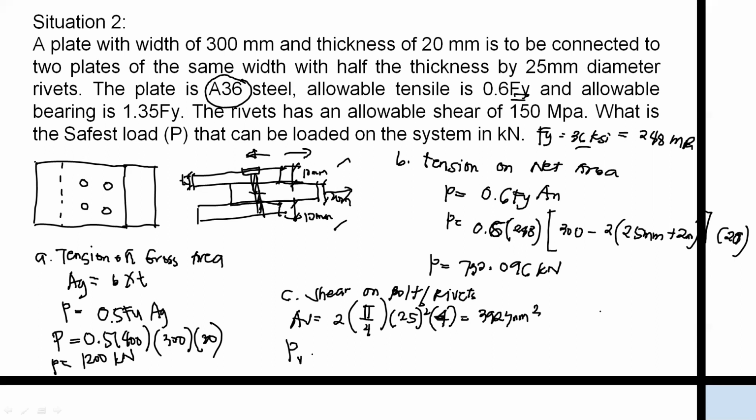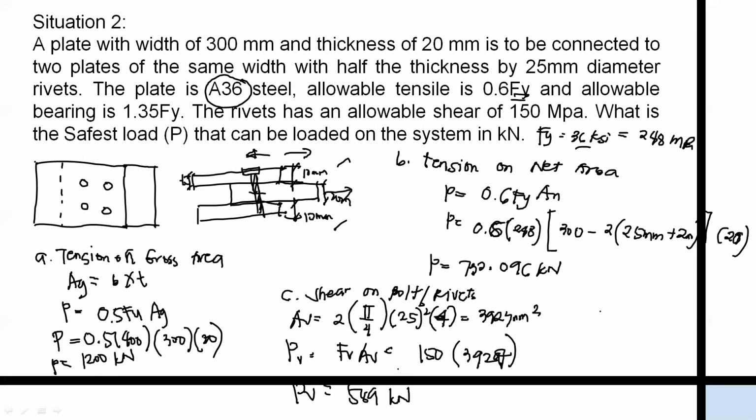Therefore, your P in shear is your allowable shear multiplied to the area of shear. So your allowable shear is 150 megapascals times 3,927 square millimeter. So the force from shear is 589.05 kilonewton.